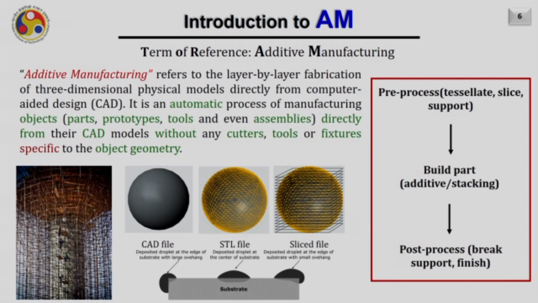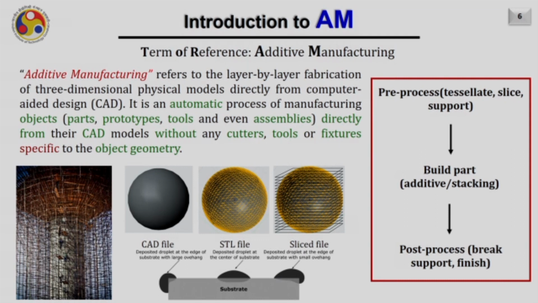Additive manufacturing refers to the layer by layer fabrication of 3-dimensional physical models directly from computer aided design. It is an automatic process of manufacturing objects such as parts, prototypes, tools and even assemblies directly from their CAD models without any cutter, tools or fixtures specific to the object geometry.